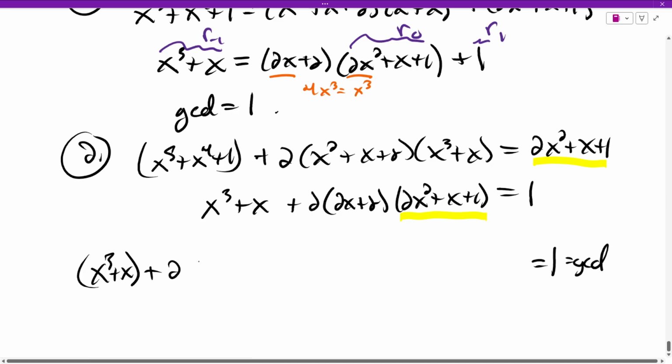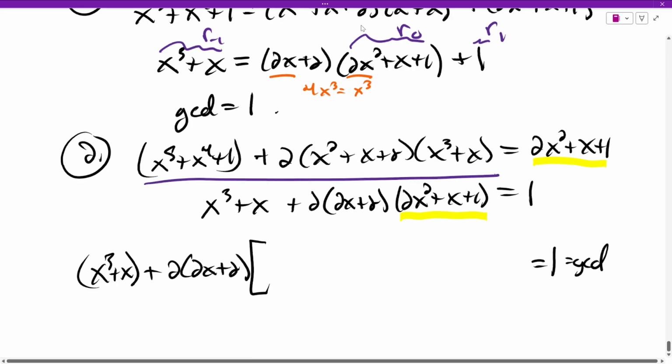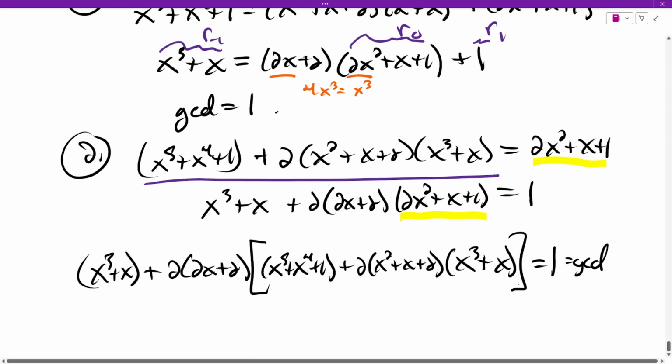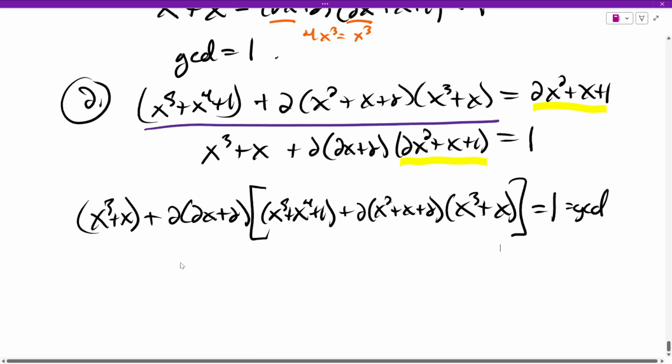And then we have twice 2x plus 2, which is really 4x plus 4, which is really x plus 1, but leave it as it is. And then we plug in this whole left-hand side: x to the 5th plus x to the 4th plus 1 plus 2x squared plus x plus 2, and then x cubed plus x.